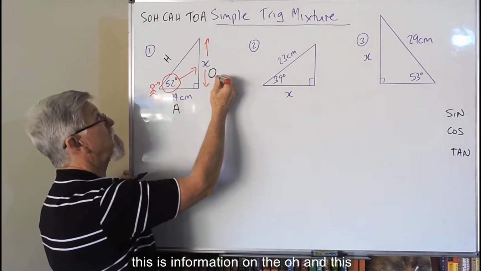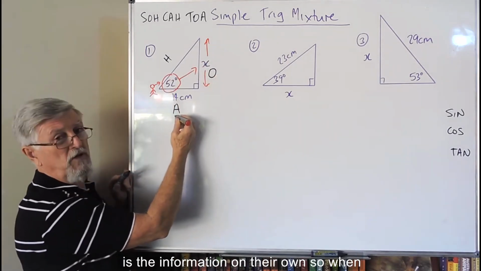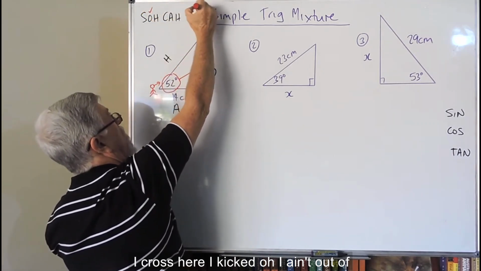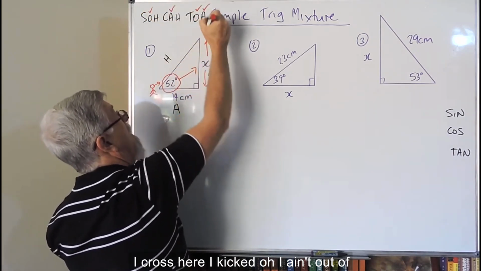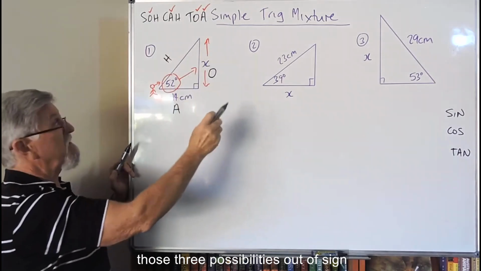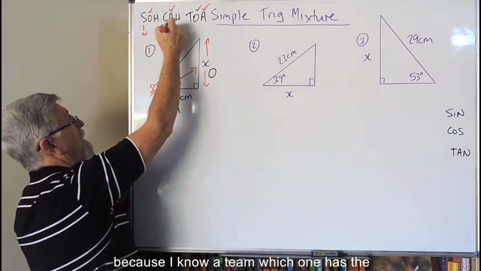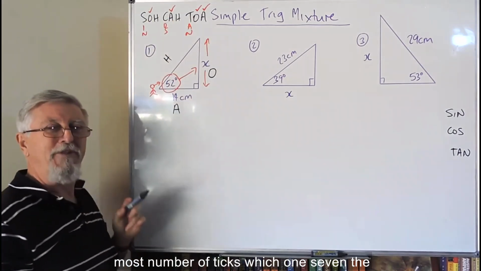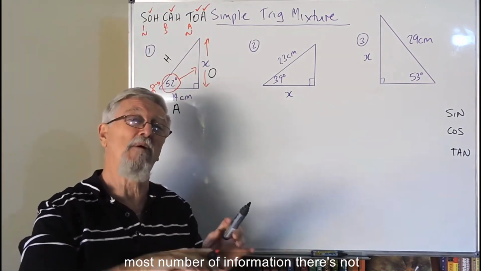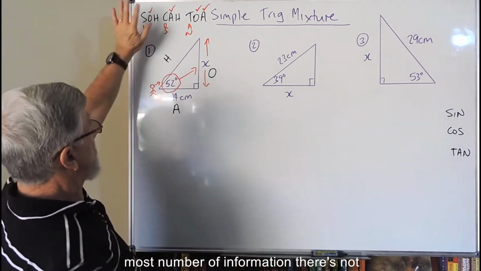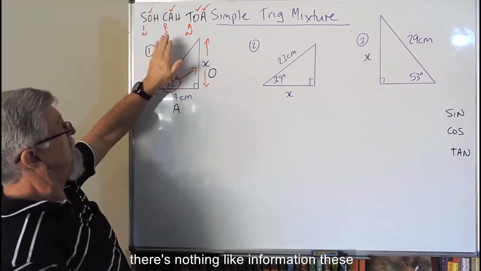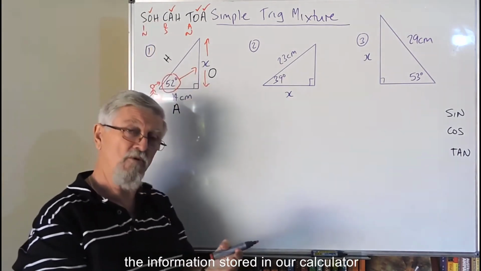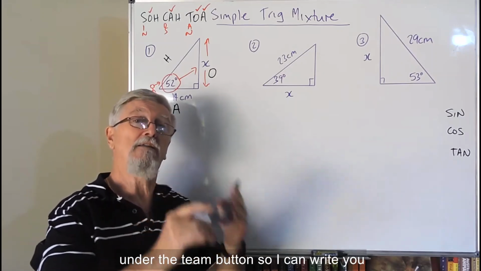This is information on the O and this is information on the A. So if I went across here, I ticked O, O, A, and A. Out of sine, cos, and tan, which one has the most ticks, the most information? There's not enough information to use sine or cos, so this question is going to use the tan button on our calculator.